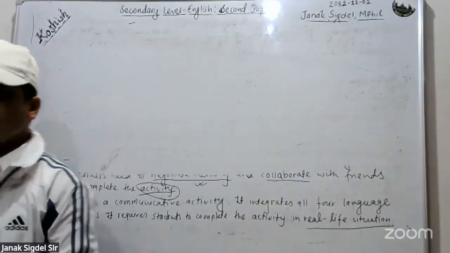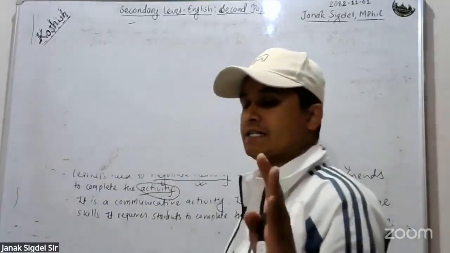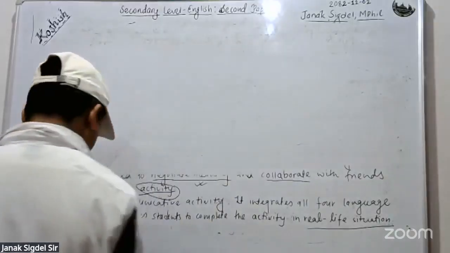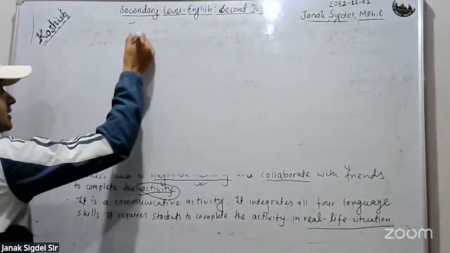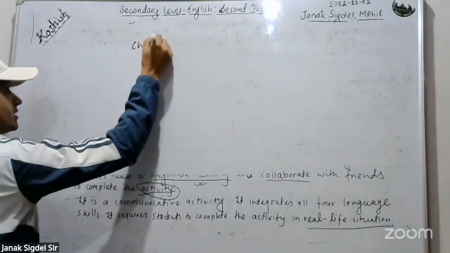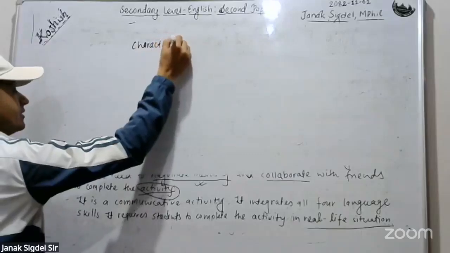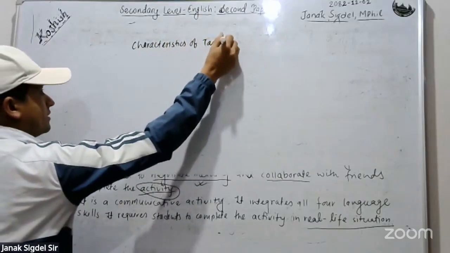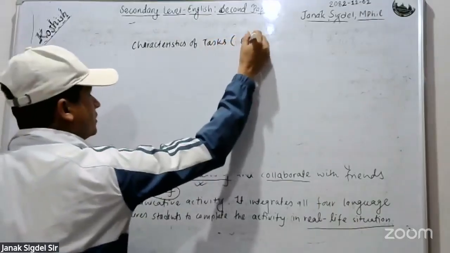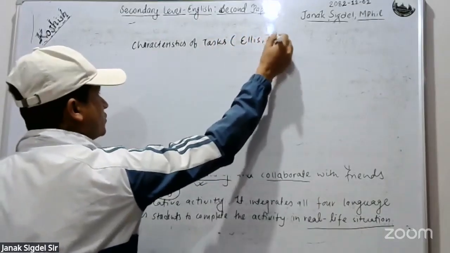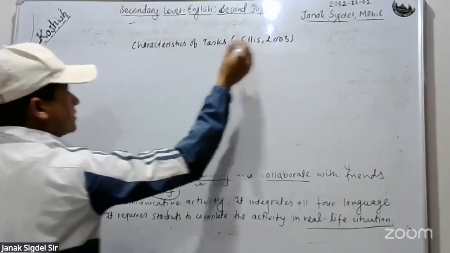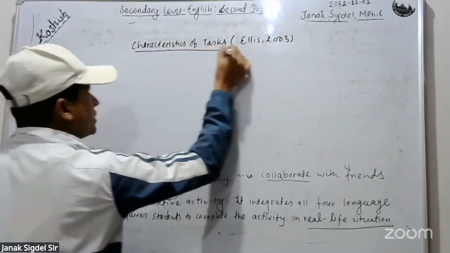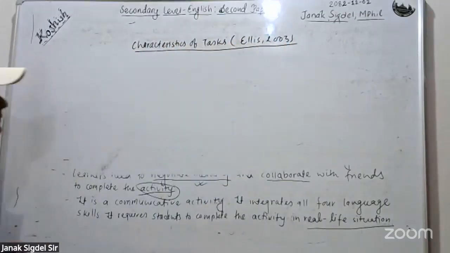So, there are some characteristics of tasks, right? Let us characterize the tasks. Characteristics of tasks. According to Ellis 2003, to make your answer more authentic, you can cite the scholar, right?